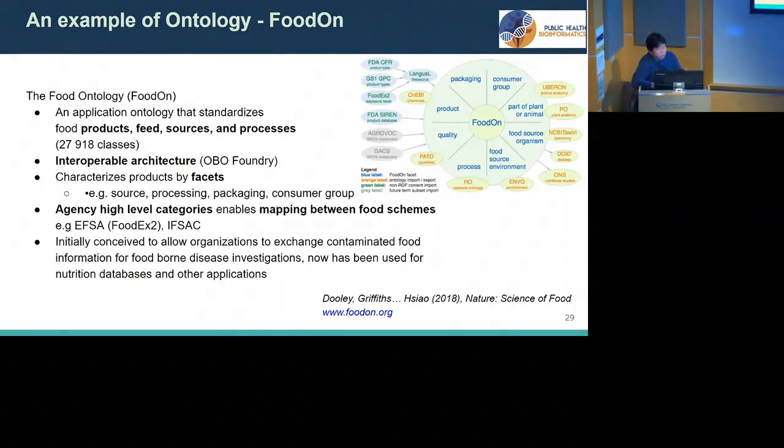And as mentioned, we built it to be interoperable, so it follows the OBO Foundry principles. There are a large number of facets built into FoodOn, but to increase interoperability, we actually reuse a lot of the terms or concepts from existing ontologies, as demonstrated in the outer circle there.